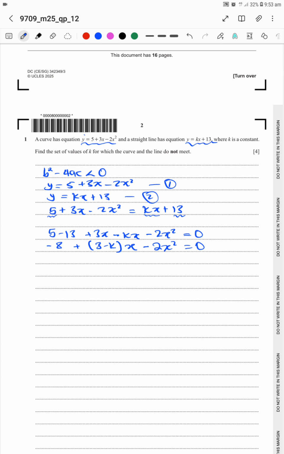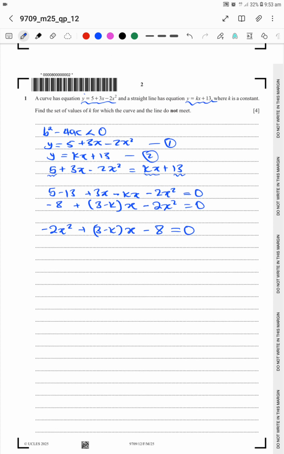Let's rearrange this whole quadratic equation to get negative 2x squared plus 3 minus k multiplied by x minus 8, and this is equal to 0.